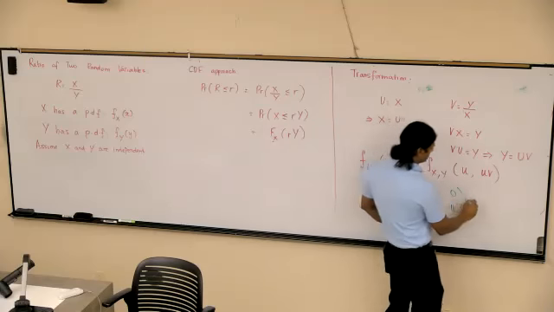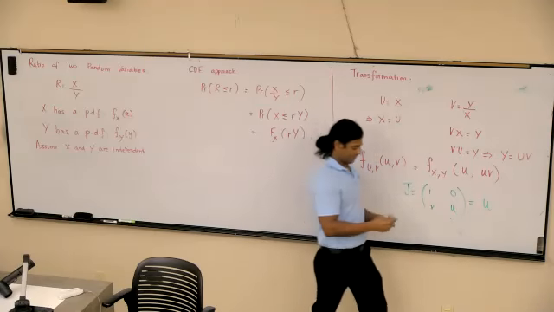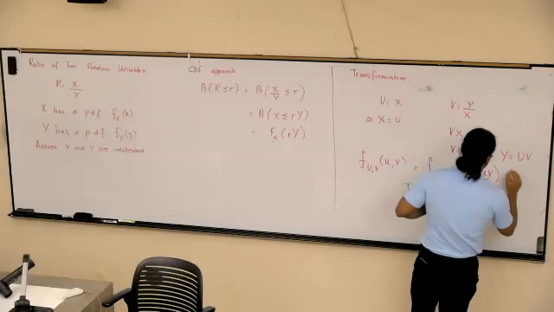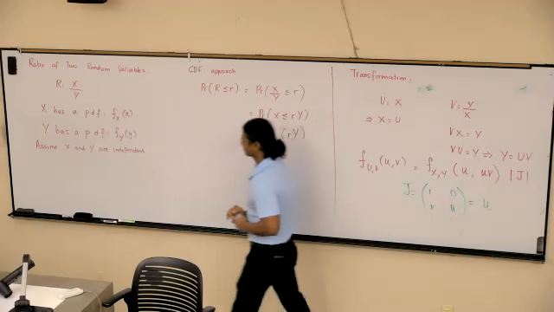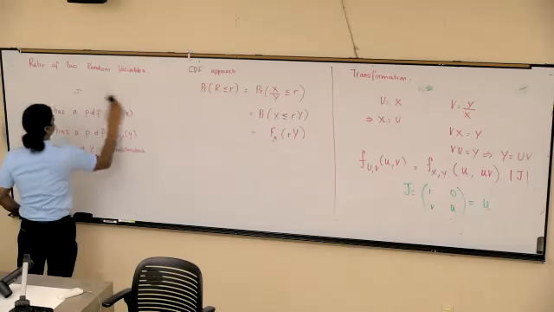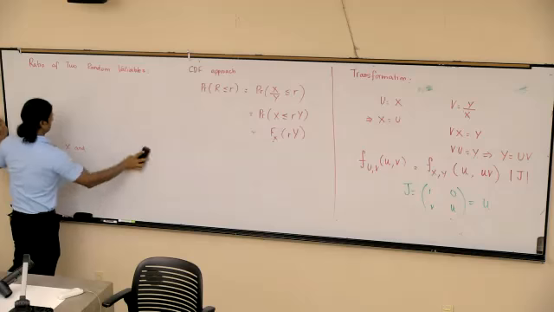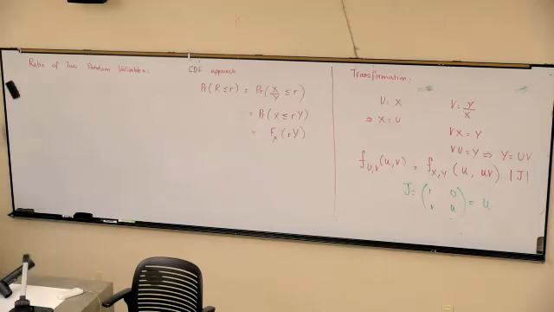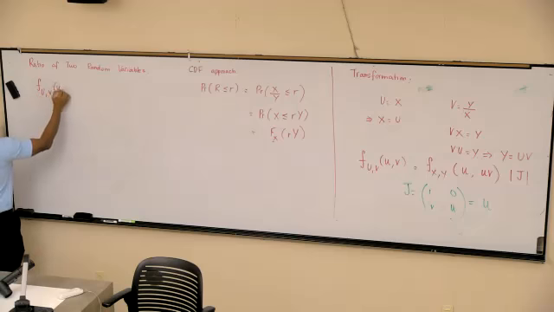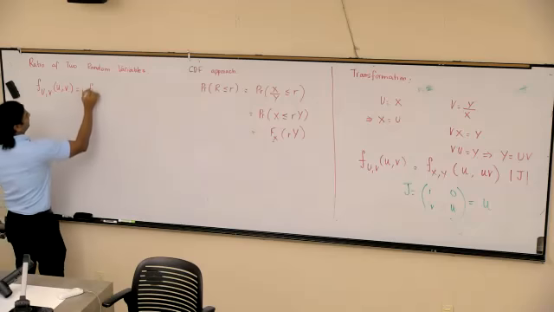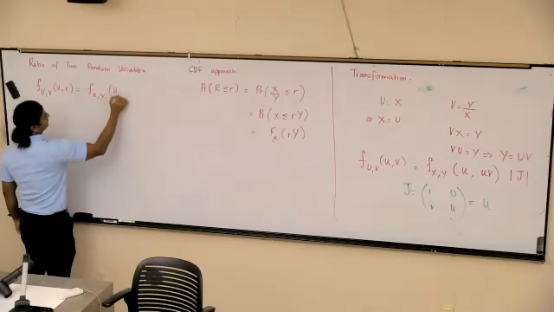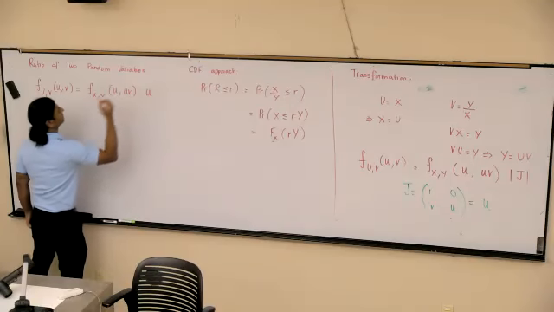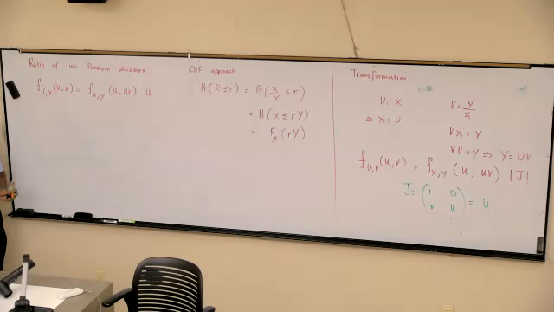So the determinant is u. And that would be the last step here.